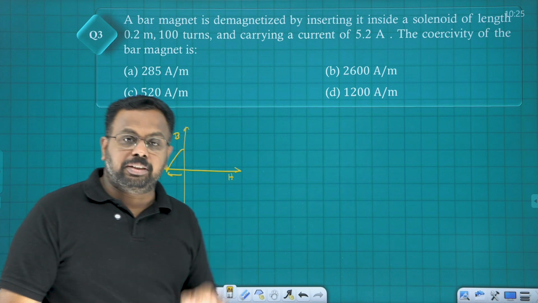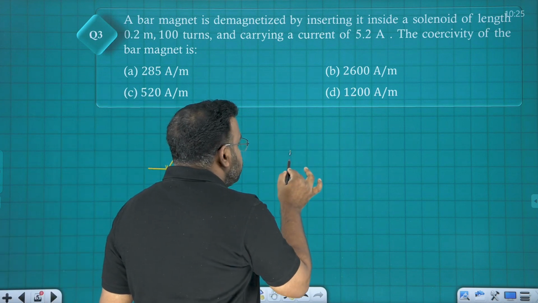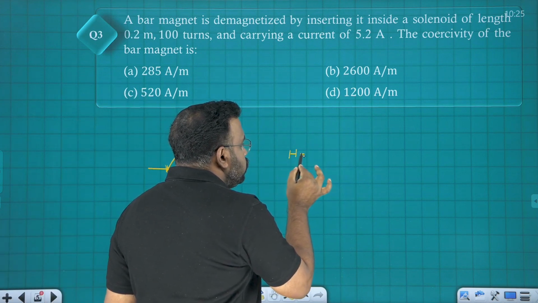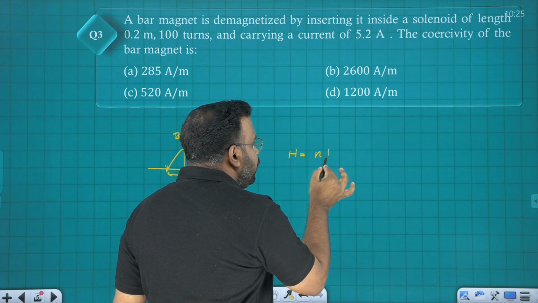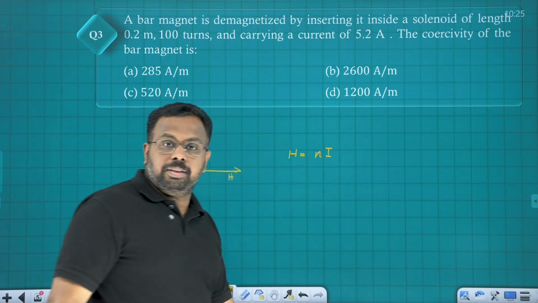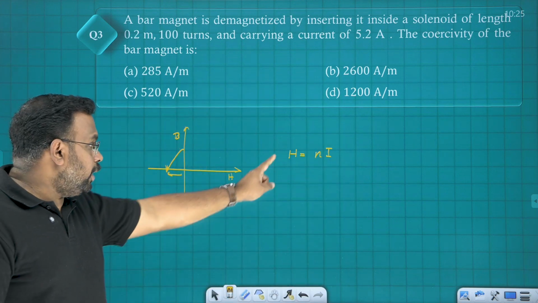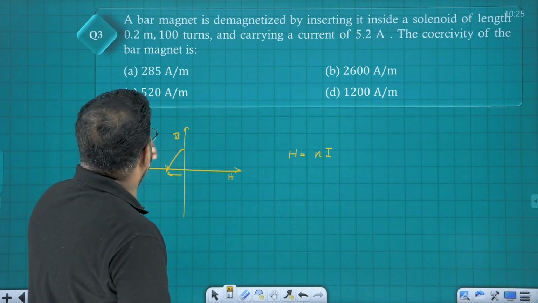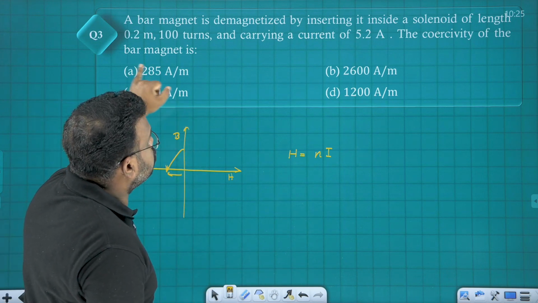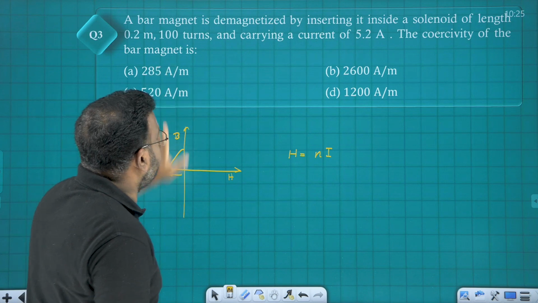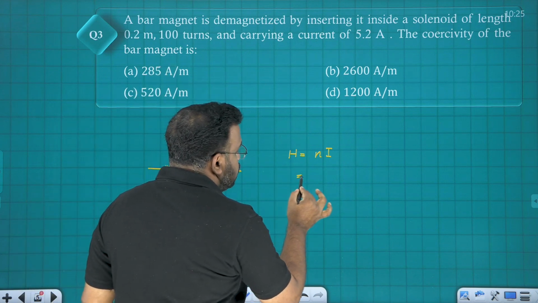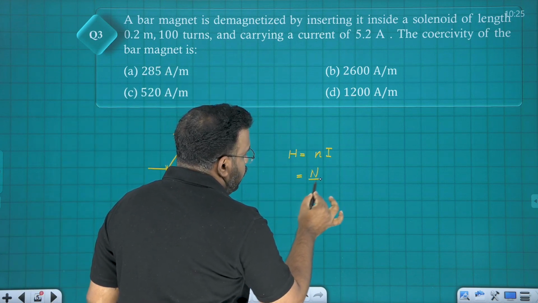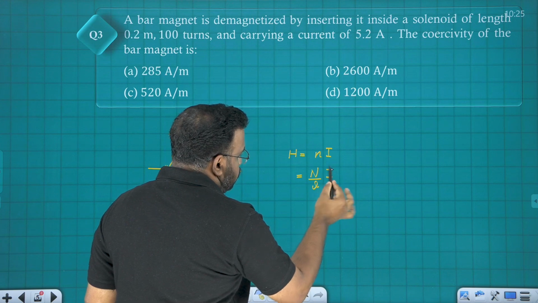Coercivity here is H. What is the H equation? H is equal to n into I, right? What is n? Number of turns per unit length. It is not the total number of turns. So here we have a solenoid of length 0.2 meter, 100 turns. You know that small n is equal to capital N by L, into I, isn't it?